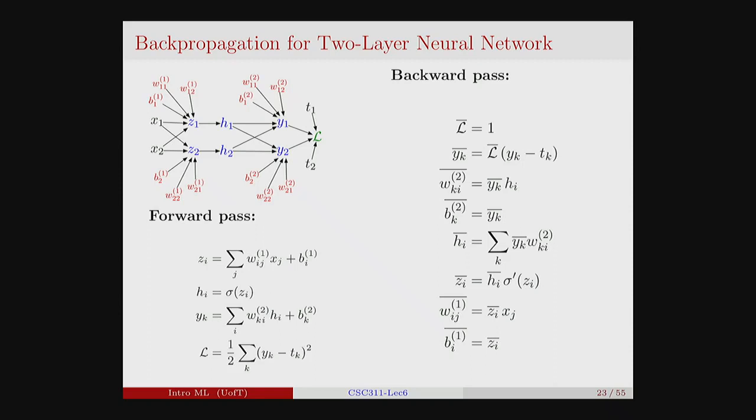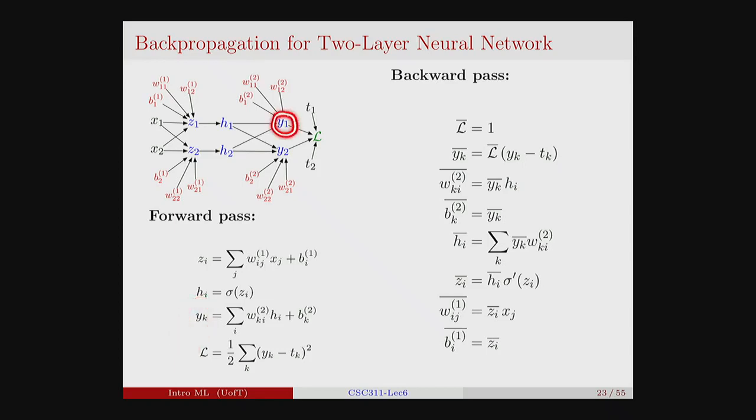So what do we do if we want to take gradients? We do the exact same thing that we did in the last slide, which is first compute L bar. So this is the loss function. We can take derivatives of it with respect to itself. And then we go backwards in the graph. So when we go backwards in the graph, we're looking at this previous equation, yk.